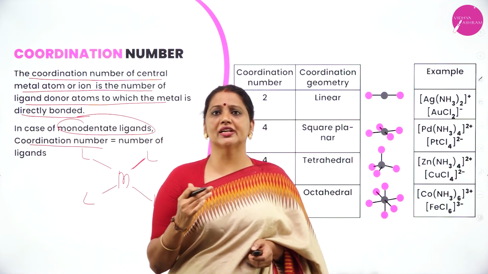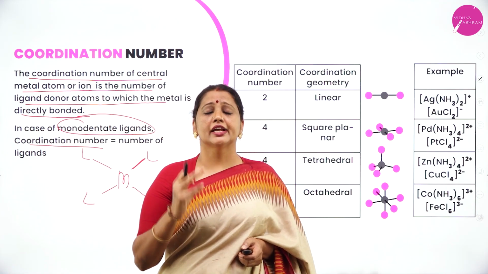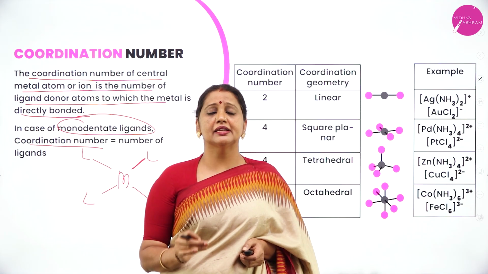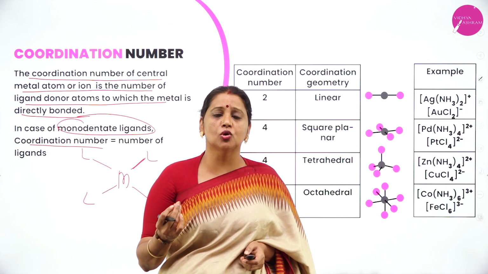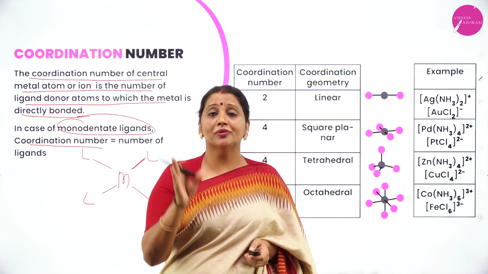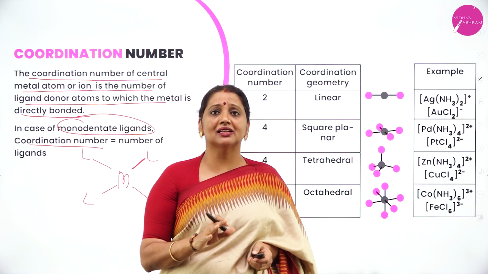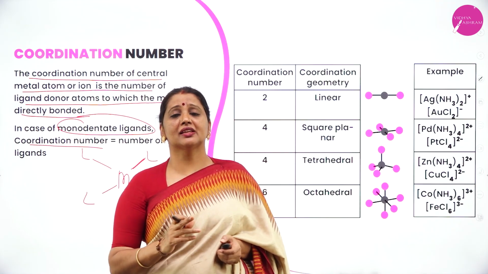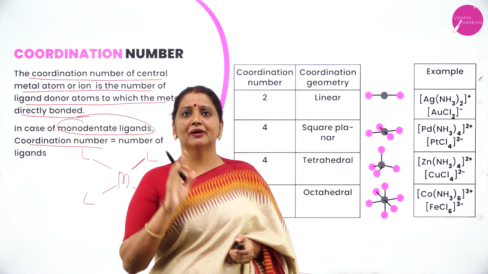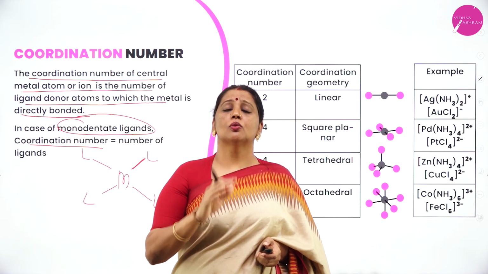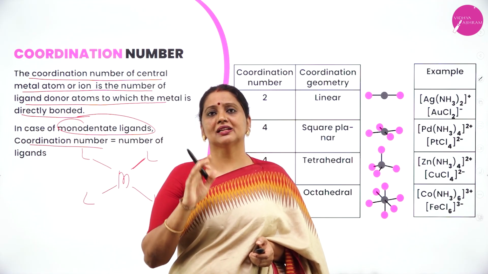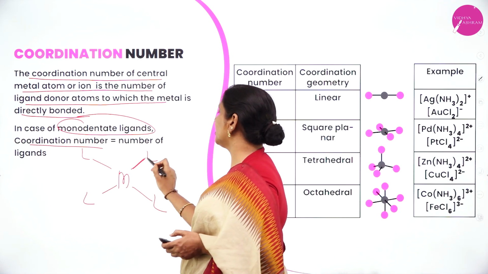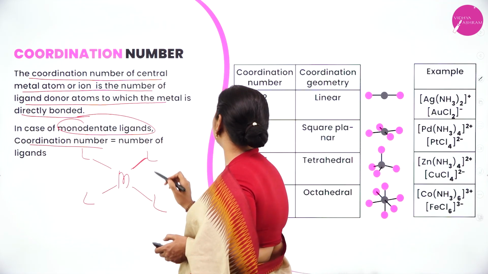In case of unidentate ligands like H2O, NH3, CO, NO, Cl minus, Br minus, I minus, F minus, CH3COO minus, how many ligands are attached to the central metal atom? That is nothing but its coordination number. Therefore, the coordination number of the central metal atom or ion in a coordination compound is the total number of coordinate bonds between metal and ligands.